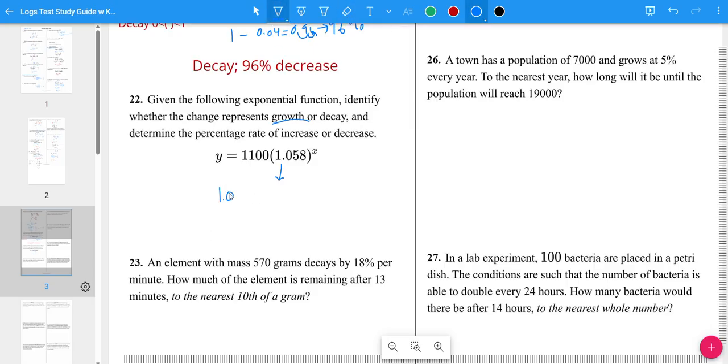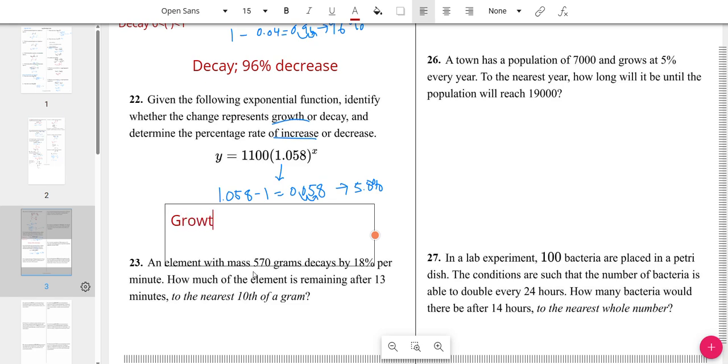So 1.058 minus 1 equals 0.058. And if we move the decimal place twice, it's going to give us 5.8%. And this is an increase because we were above 1. So this is exponential growth, and it's a 5.8% increase.